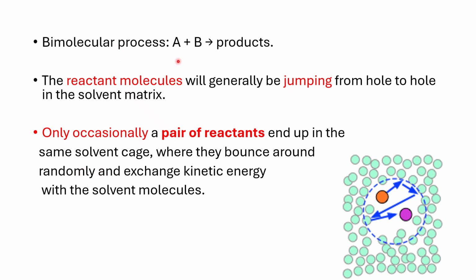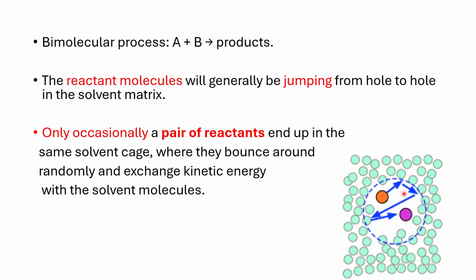In a reaction, for example, reactant A reacts with reactant B to form the product. The reactant molecules will generally be jumping from one hole to another in the solvent mix. Only occasionally does a pair of reactants end up in the same solvent cage, where they bounce around randomly and exchange kinetic energy with the solvent molecules.